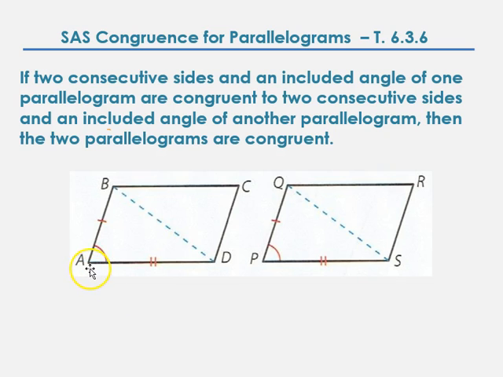So we have quadrilaterals ABCD and PQRS. Because they share side AB with QP and side AD with PS, and they share congruent angles A and P, we can now state that they are congruent to each other.